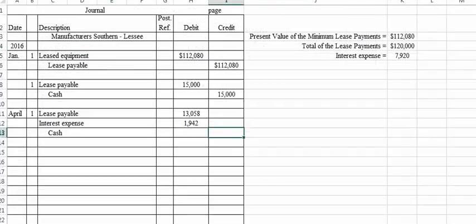And we know it is, but let's do it like this. Equals, now how about we just do the sum of these two. It's going to be our credit to cash. And yes, that comes to $15,000. Okay, next, we're just going through the entries for 2016 and actually 2017 as well.